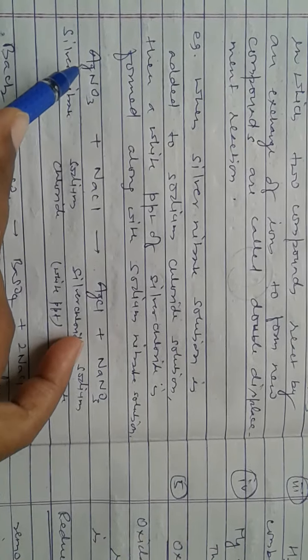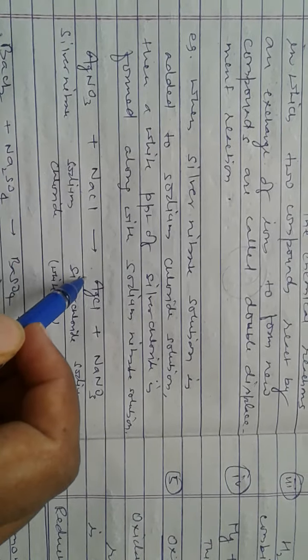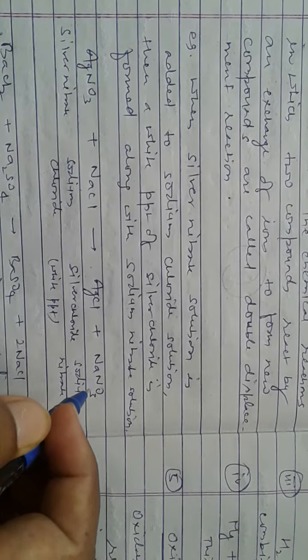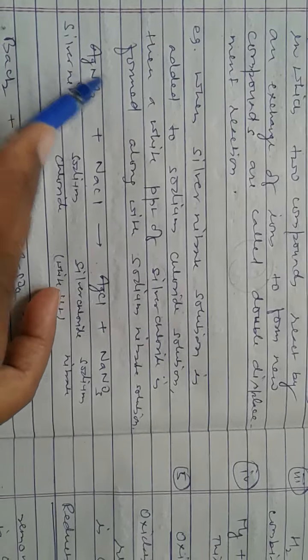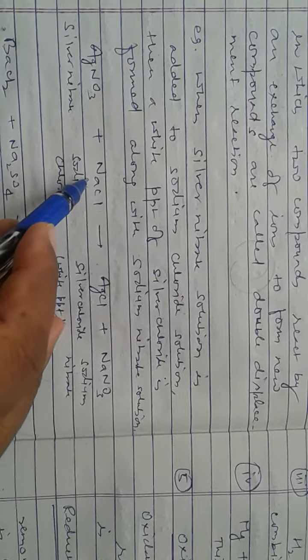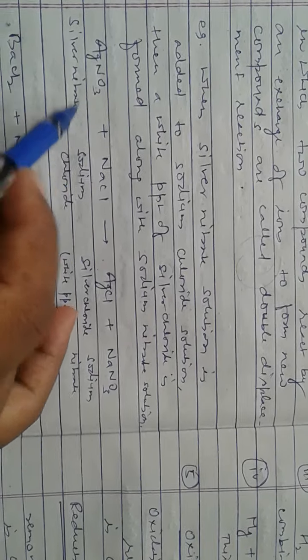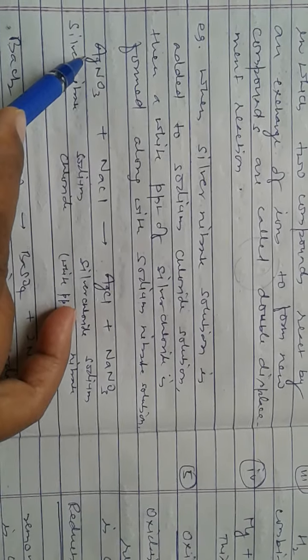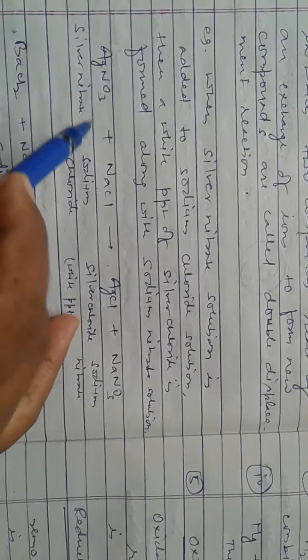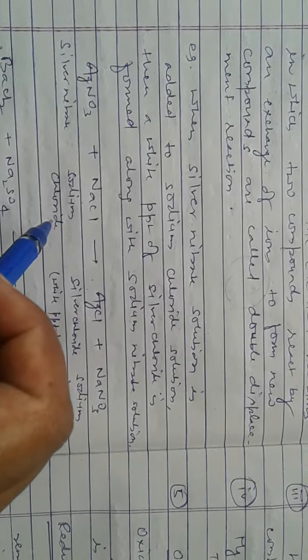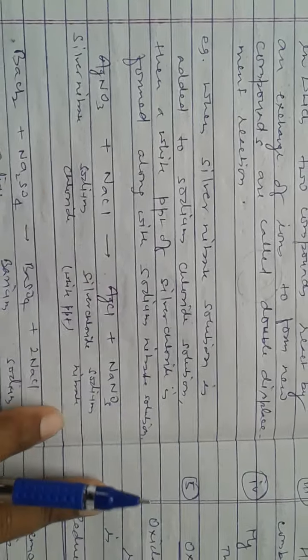In this way, AgCl is formed and NaNO3 is formed. Just Ag comes here, replaces Na, and Na goes in place of Ag. So this type of chemical reaction is called double displacement reaction.